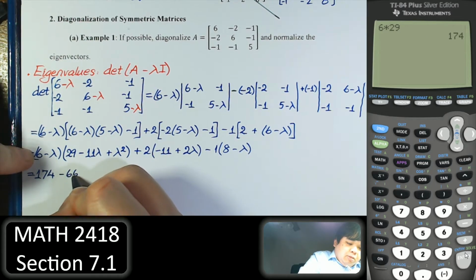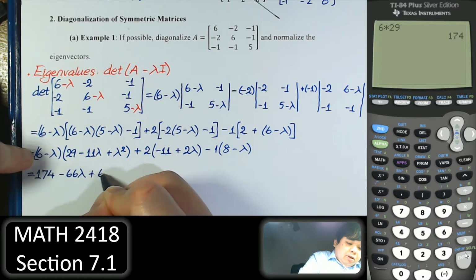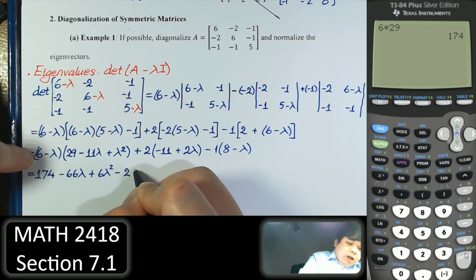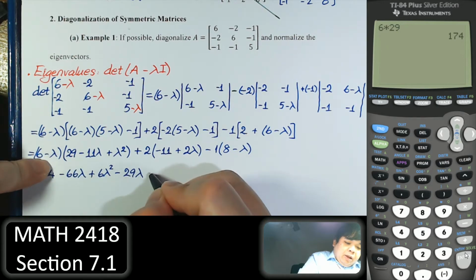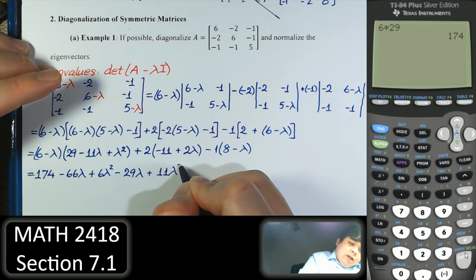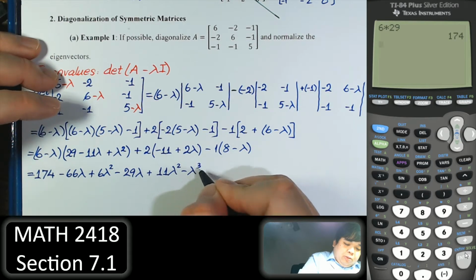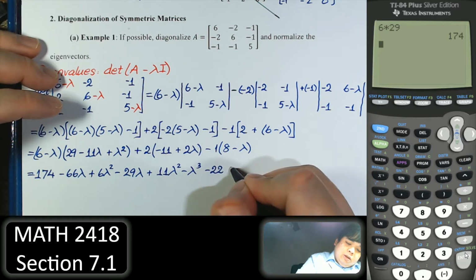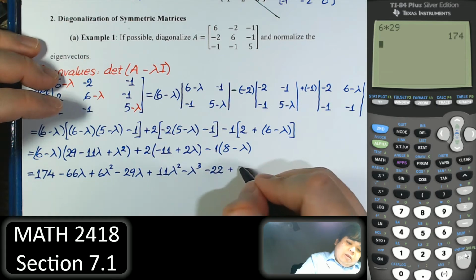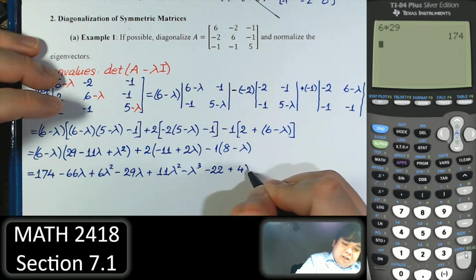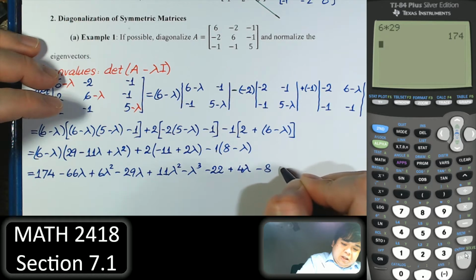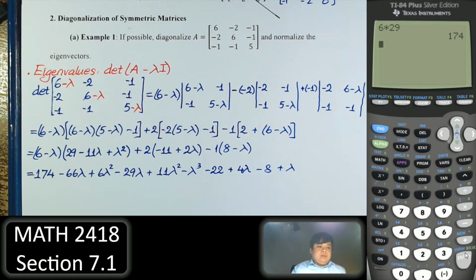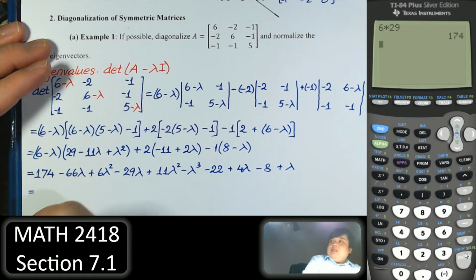Minus 66 lambda plus 6 lambda squared, minus 29 lambda, plus 11 lambda squared, minus lambda cubed, minus 22, plus 4 lambda, minus 8, plus lambda. Right, now I'm just going to get the characteristic polynomial.